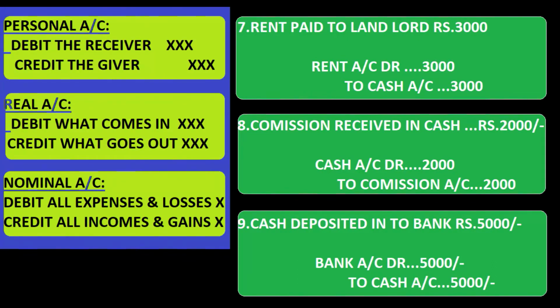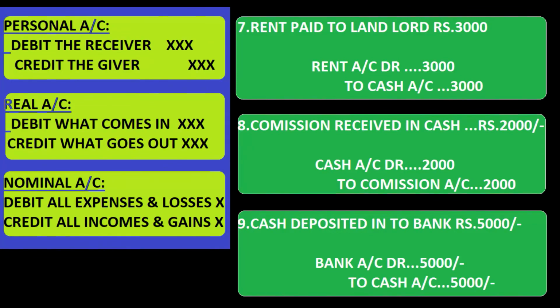What are the aspects in this transaction? First one is rent paid, and second one is cash rupees 3000 went out of the business. Rent is an expense, so as per nominal account rule, debit all expenses and losses.